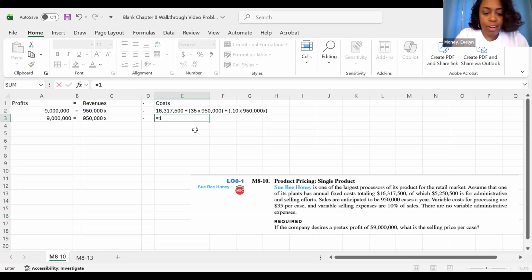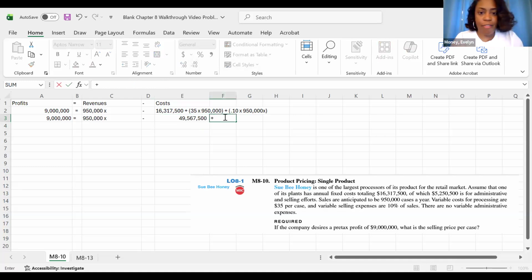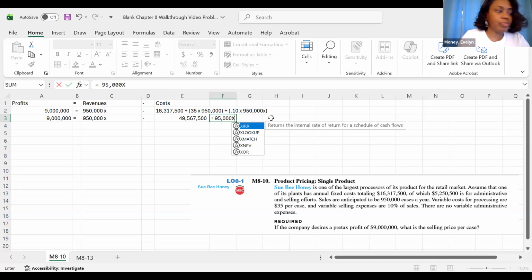So let's do that here. 317,500 plus 35 times 950. All right, and we get that big number. Take away the pennies. But we still have this portion, and 10% of 950,000 times X is just 95,000 times X.